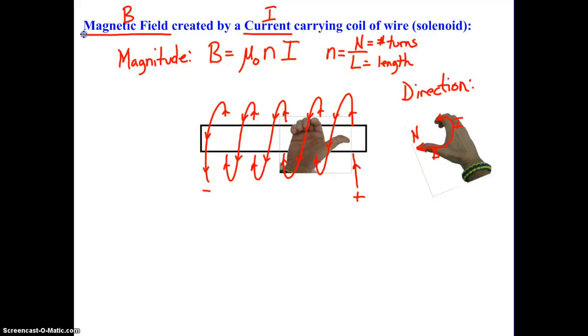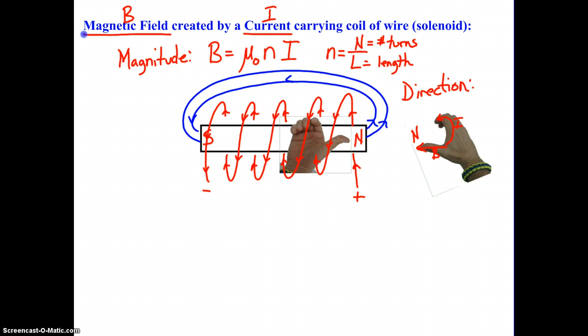That makes this the north pole of that electromagnet, and this the south pole. This essentially becomes the same as the magnetic field for a bar magnet. So if we were asked to draw the magnetic field for this, we could do that easily. That would be away from the north towards the south. And we could do that again for another set of lines here, away from the north towards the south.